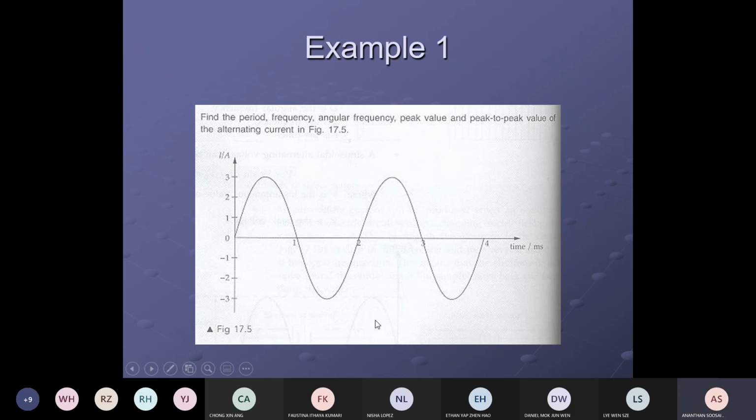How do you do this question? So this is an alternating current. Can you please find the period, frequency, angular frequency, peak value, peak to peak for this current? Okay, 2 minutes for you.